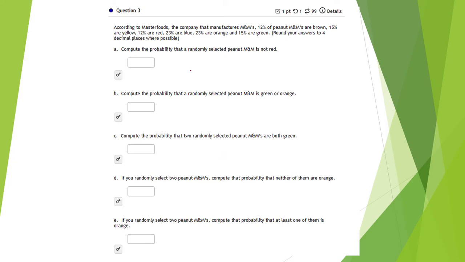Part A, let's compute the probability that a randomly selected peanut M&M is not red. Let's use the complement rule. According to the complement rule, the probability of not red is equal to 1 minus the probability it is red.